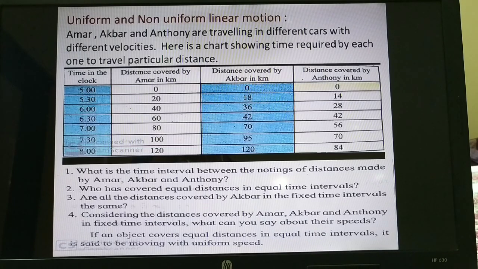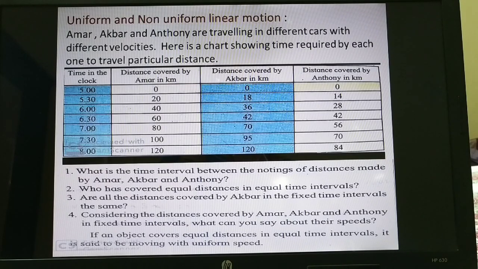Considering the distance covered by Akbar, Amar and Anthony in fixed time intervals, what can you say about their speeds? Just tell what you can say about the speeds. Again refer to the chart and understand how they have traveled and what distance they have completed after every half an hour, where they were found.